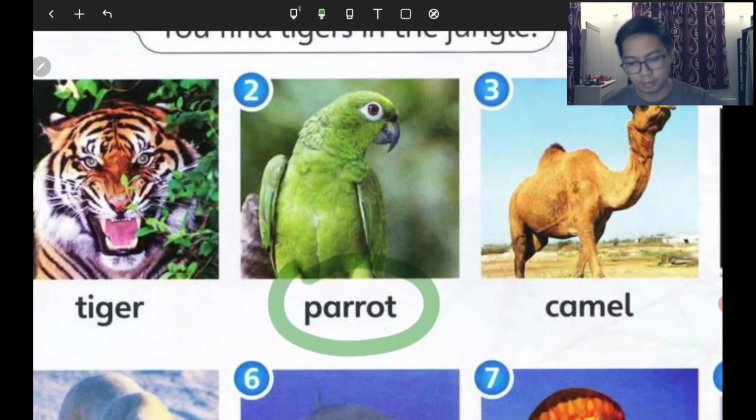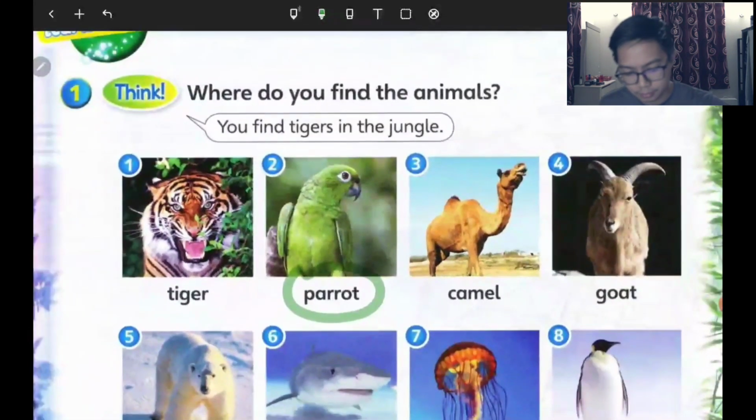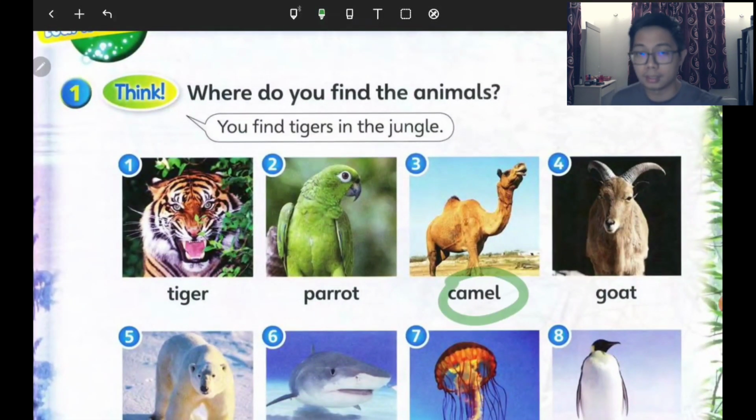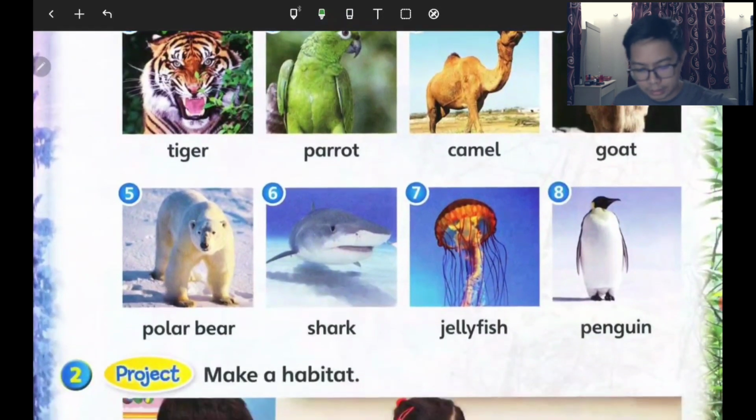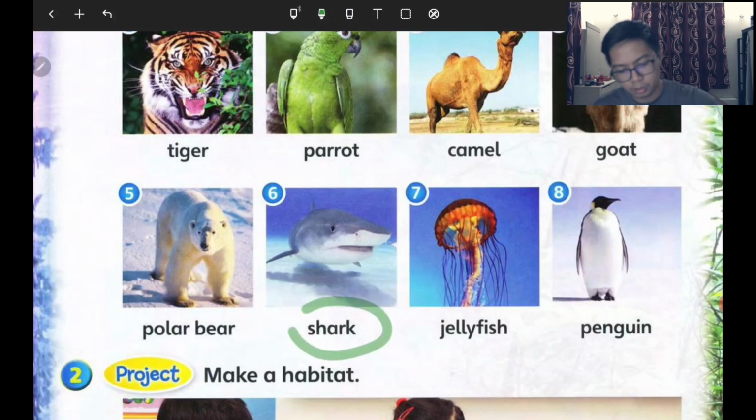Second one, the parrot. Where can you find the parrot? We can find them in the jungle as well. The camel in the desert, the goat in the mountain, polar bear. We can find polar bears in the polar region. How about shark?